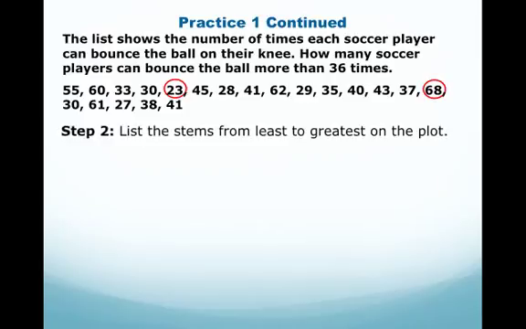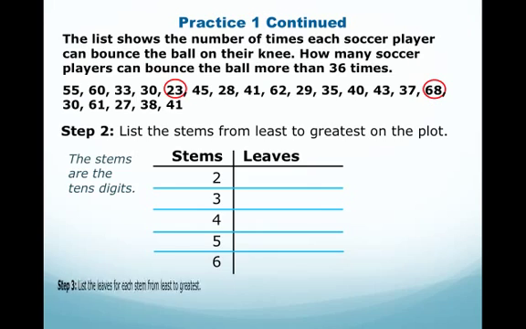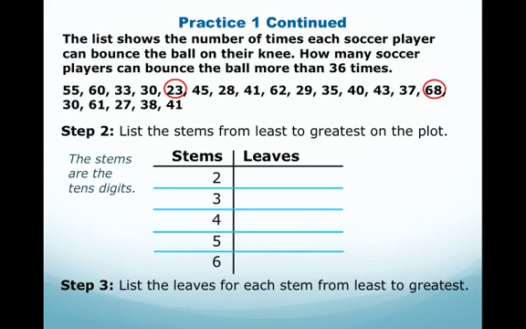Step 2, list the stem from the least to the greatest on the plot. You should have the numbers 2, 3, 4, 5, and 6. Remember, the stems are the tens and the leaves are the ones.